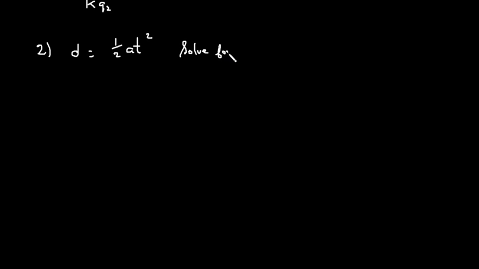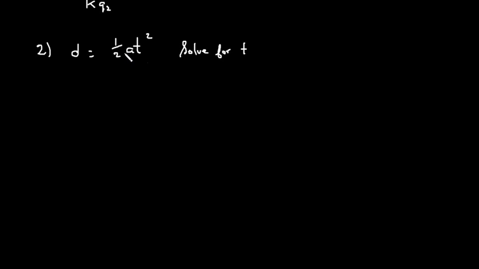The left side here, d, is the subject of the formula because it is standing alone. And on the right side we have half a t squared. So we look to see what we want to make the subject of the formula. We want to make t the subject of the formula. But we have half a, and we need to get rid of half a.